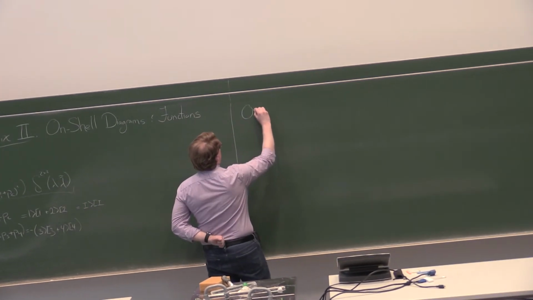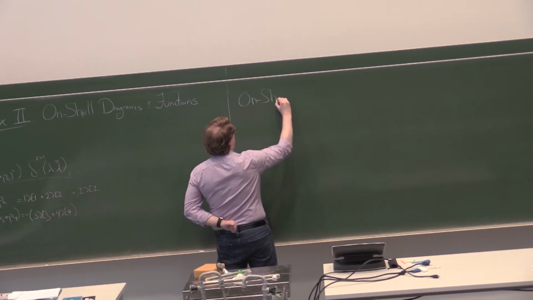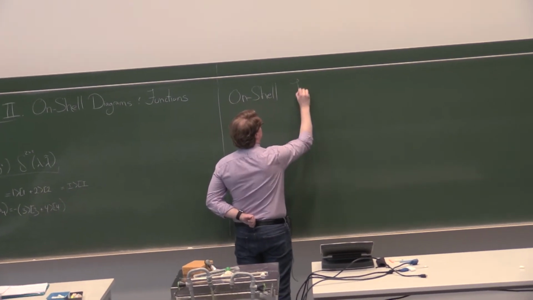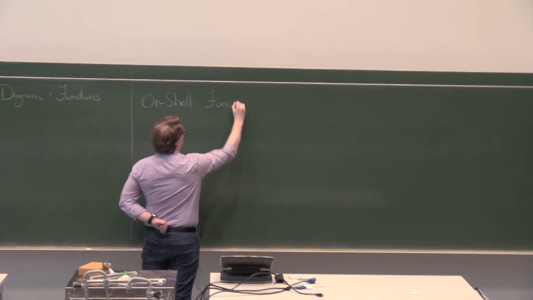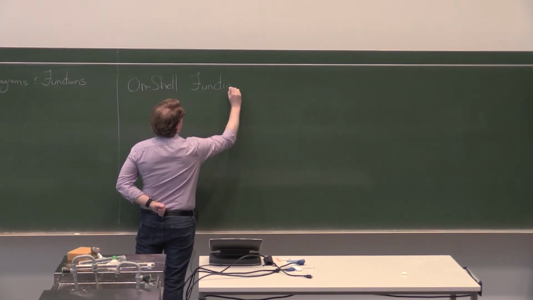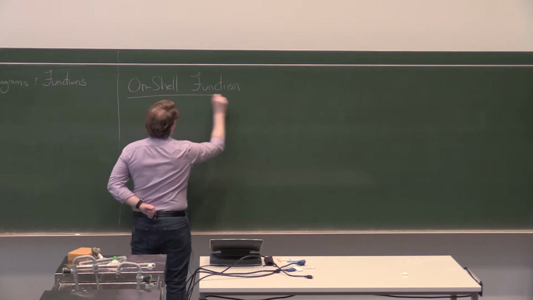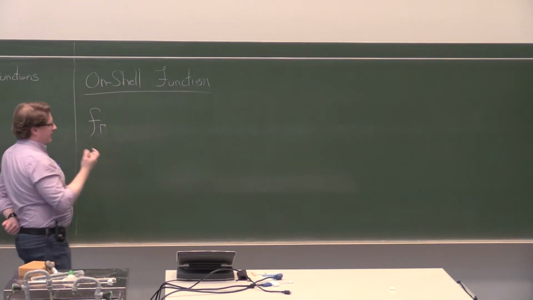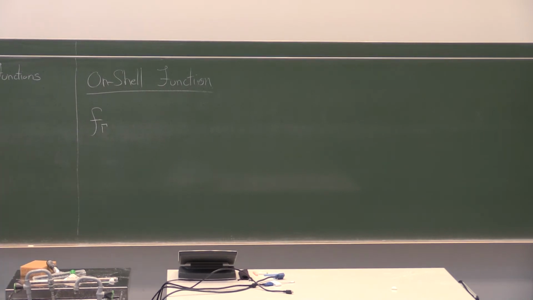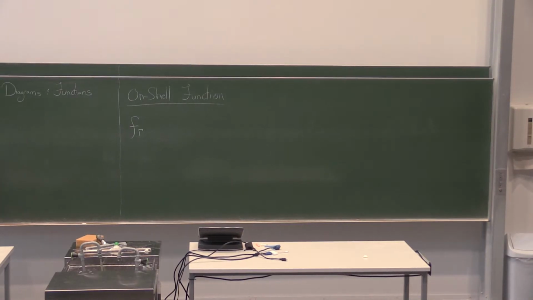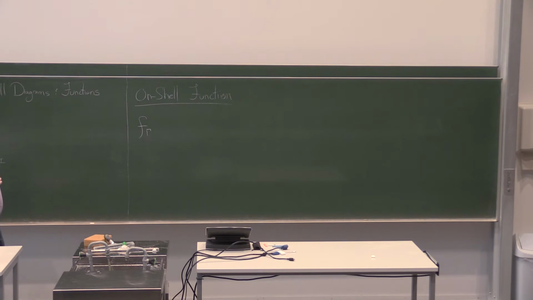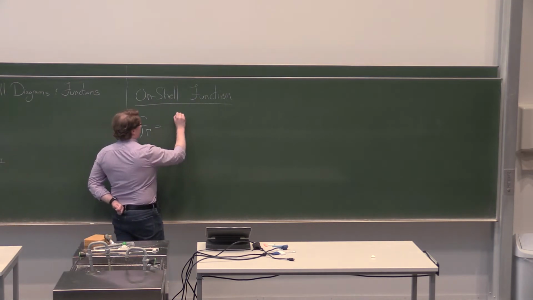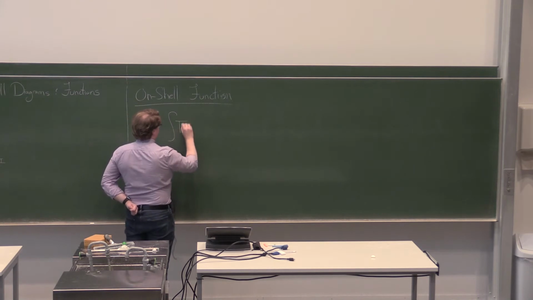So an on-shell function, and again, I apologize for the name, on-shell function. It's just not off-shell. For any graph whose edges are internal propagators, or particles propagating, and whose vertices are scattering amplitudes, it is going to be the integral over the on-shell phase space of each of the internal particles.